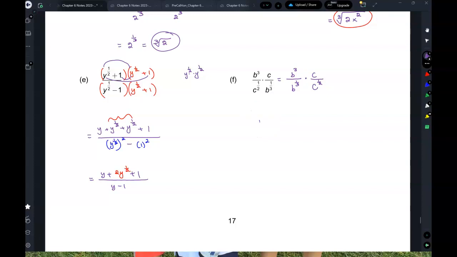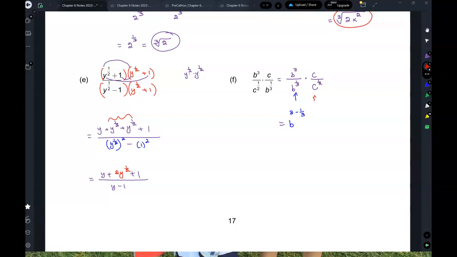I'm just matching them up. So now look at the B's here. I can make this into B to the power of 3 minus 1/3. Subtract the exponents. You guys know how to do this.